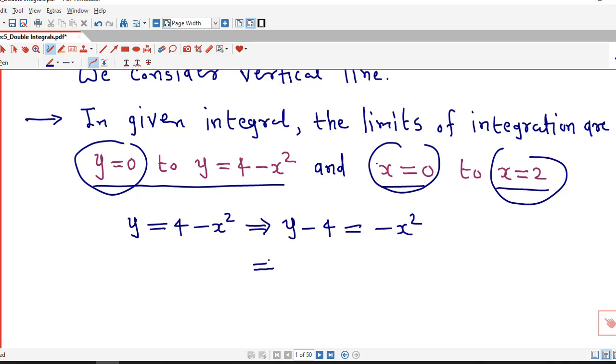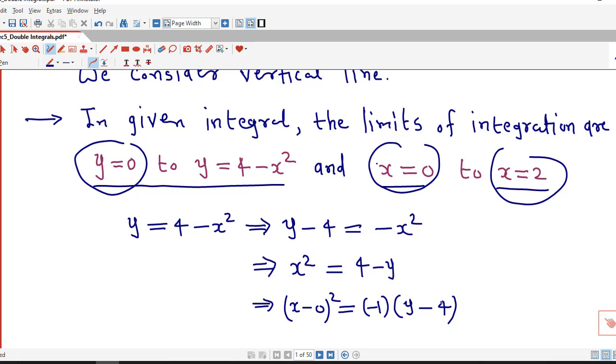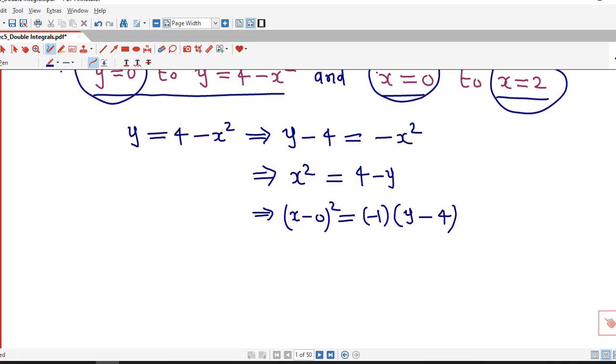Again we can rewrite this as x square equal to 4 minus y, and this again as square of x minus 0 equal to negative of y minus 4. So this is the parabola whose vertex is 0, 4.